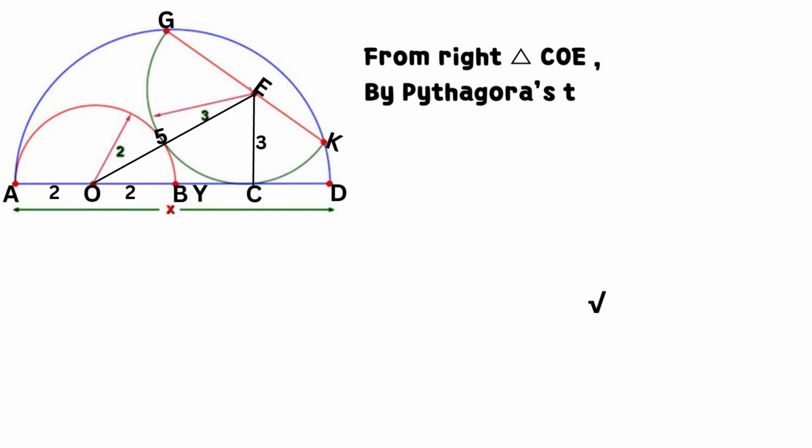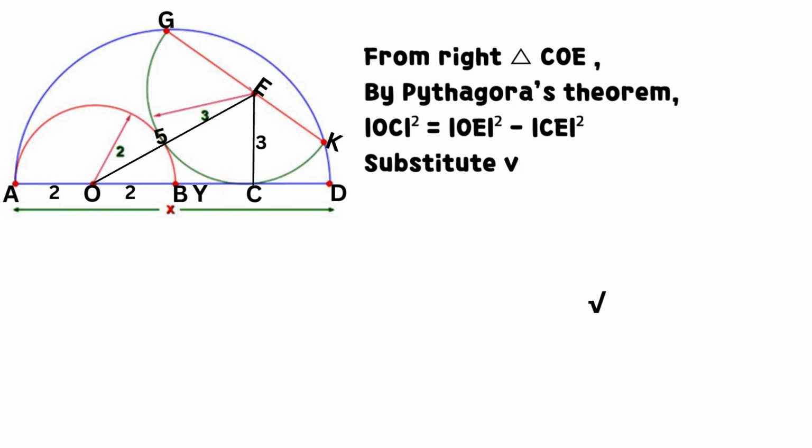From right triangle COE, using Pythagoras' theorem, the square of line OC equals the square of line OE minus the square of line CE.